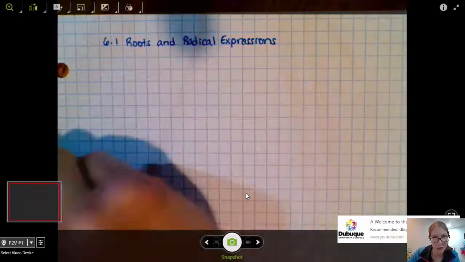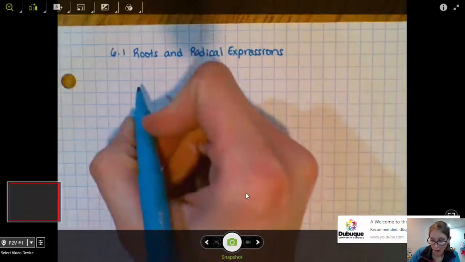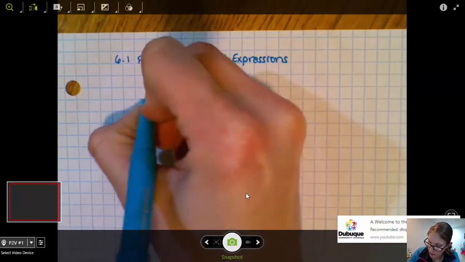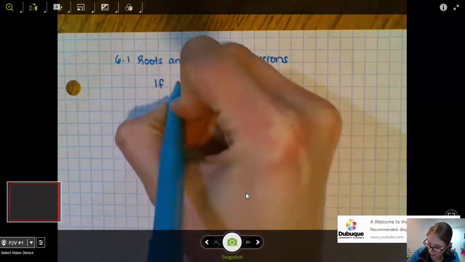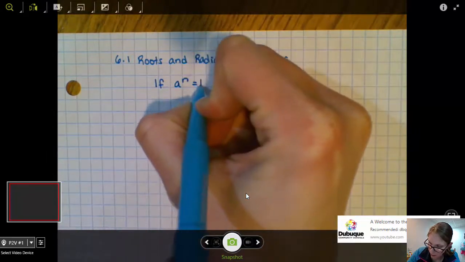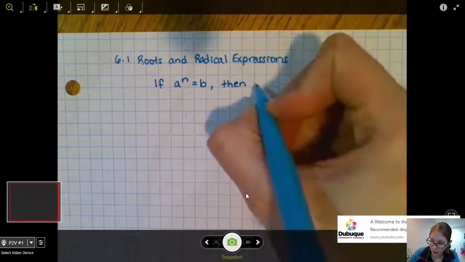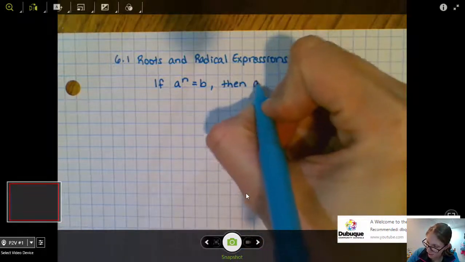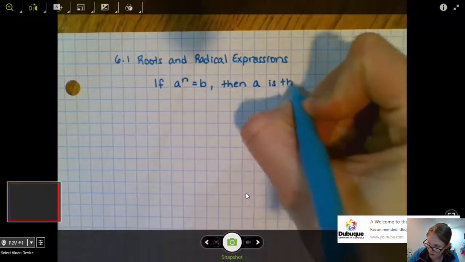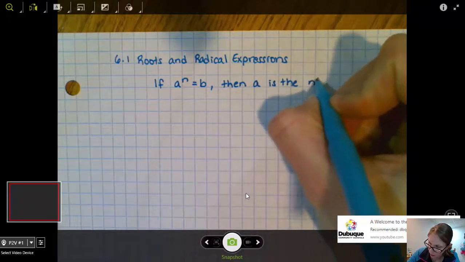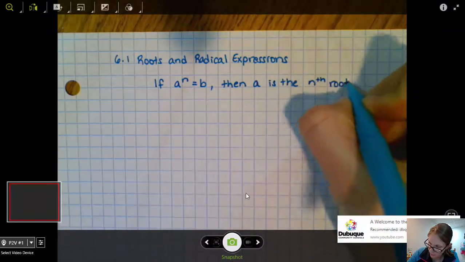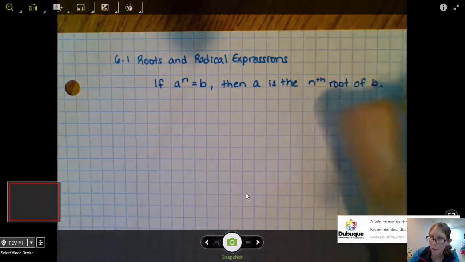So here's our definition of a root, I guess. So our definition, we say if a to the n power equals b, then that means a is the nth root of b.